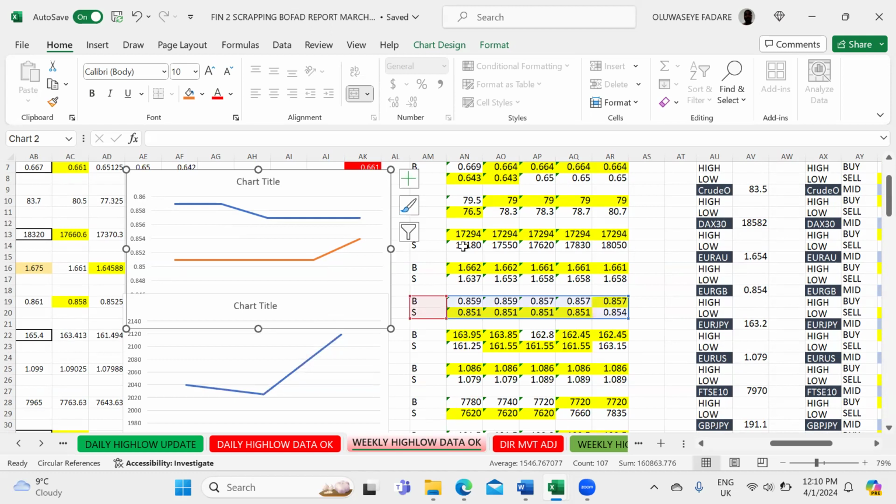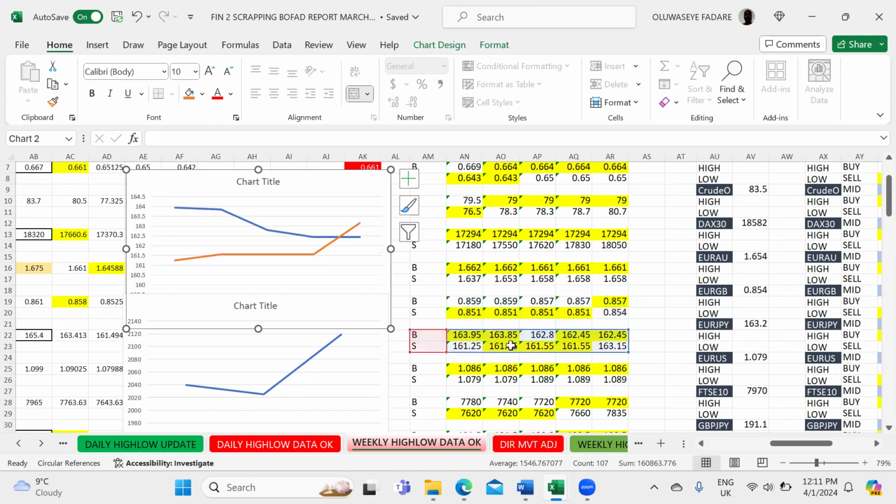So this helps us effectively. This also is a buy, it came down and went upward.